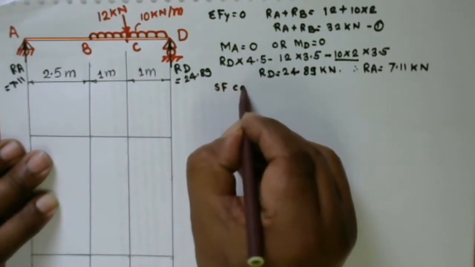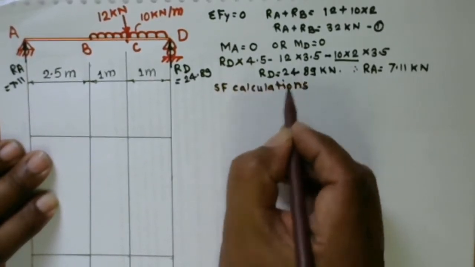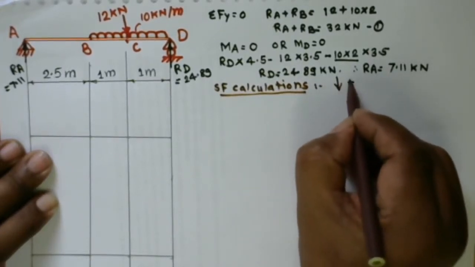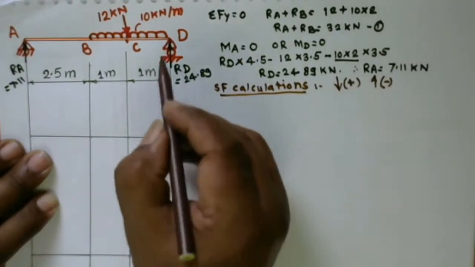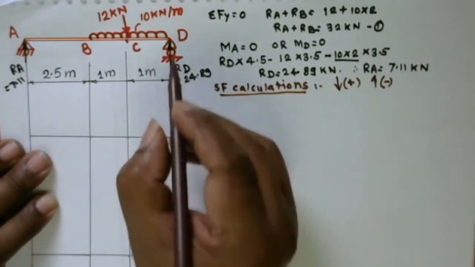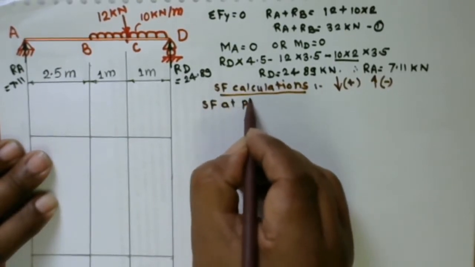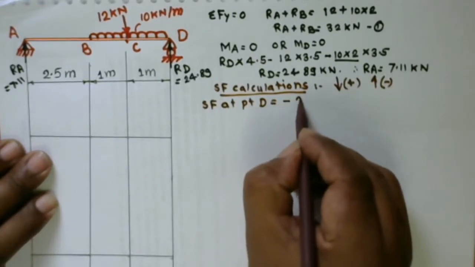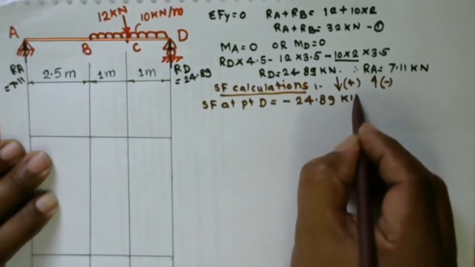For the shear force calculations, our first step is to decide the sign convention. The sign convention is: downward force we consider positive, upward force negative. So our first force is at point D. Shear force at point D is equal to 24.89, it goes in the upward side, so with the sign convention, minus 24.89 kilonewton.